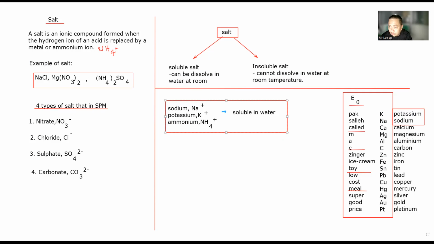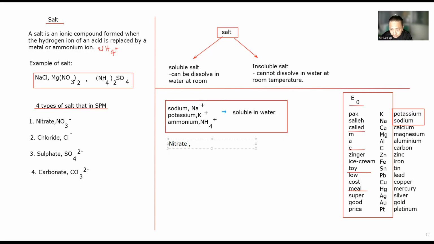Okay. Now, something like nitrate. When this one is positive, now we talk about negative. So nitrate salt, all the nitrate salt is soluble in water.